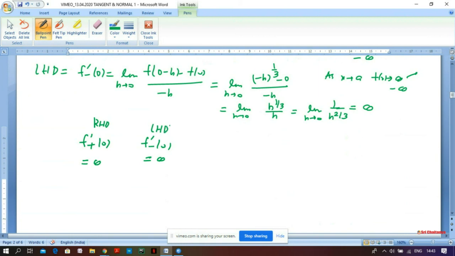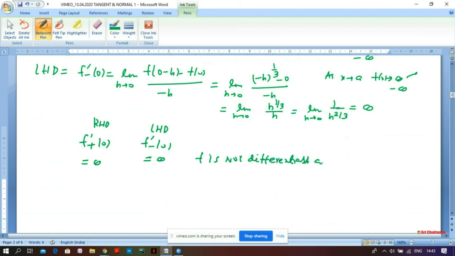And so, although f is not differentiable at origin, because being differentiable means that the derivative must exist finitely, f is not differentiable, not derivable.